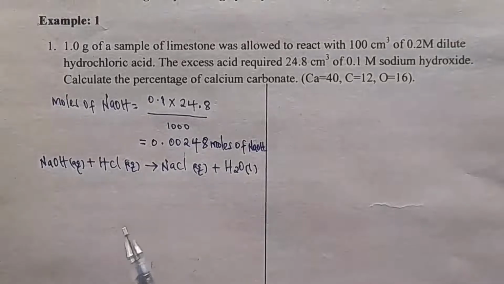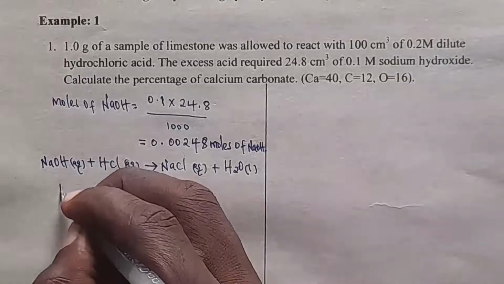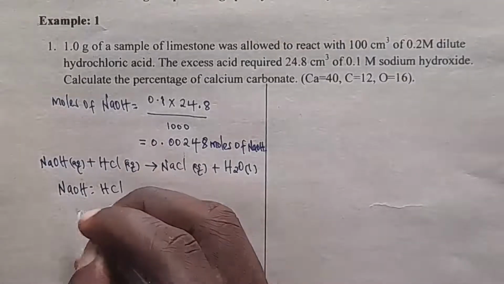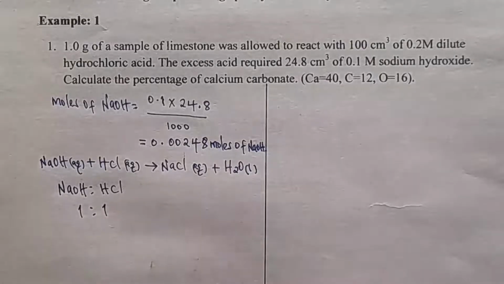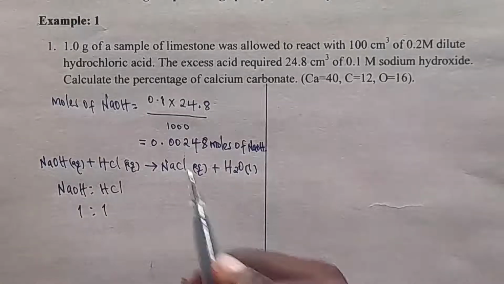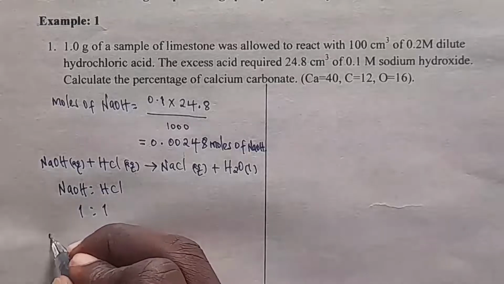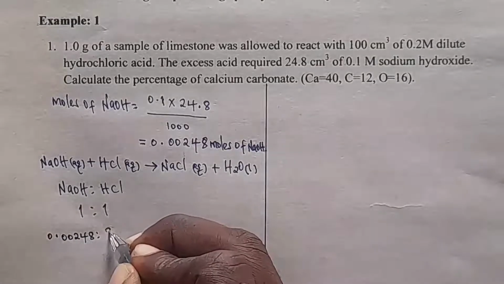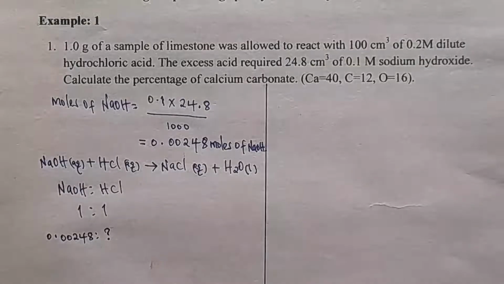So using the mole ratio, we are supposed to get the number of moles of hydrochloric acid. The mole ratio between sodium hydroxide and hydrochloric acid is 1:1 because this reaction is self-balanced. So we know the number of moles of sodium hydroxide is 0.00248 moles.